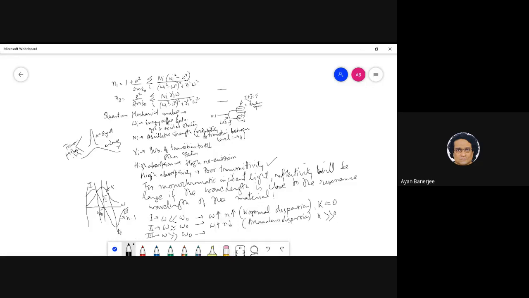Here again, this part, you have the same kind of thing. So this part again, as your omega increases, n sort of increases, and it's back to normal.